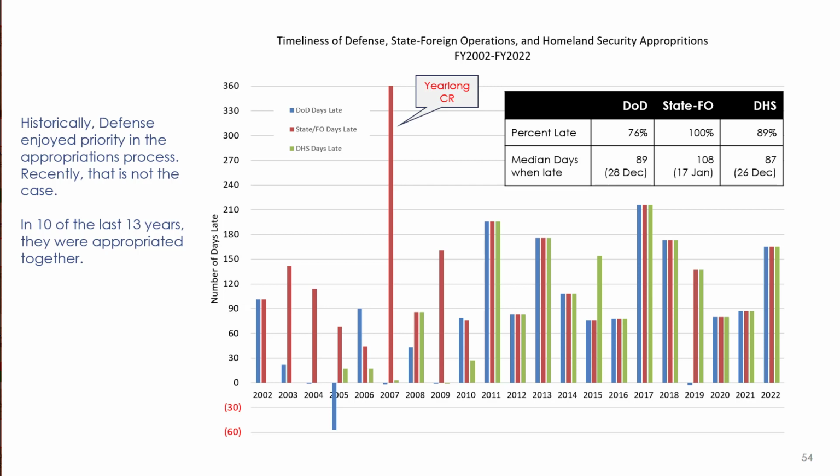But if you look at the last 13 years, in 10 of those 13 years, the defense appropriation was awarded the same day as state and Homeland Security, and in a lot of cases, all of the rest of the federal government. And so defense is not enjoying that priority that we once had.